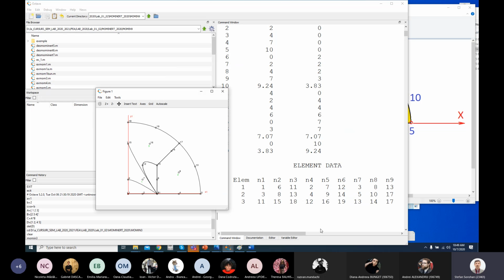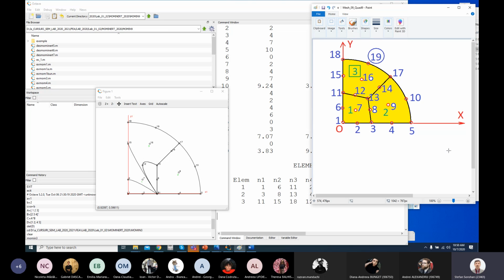It's not good, right? There is a mistake. So the nodal coordinates may be okay. Let's check. 1, 2. Here is something wrong. This is 11, which is not good, right?